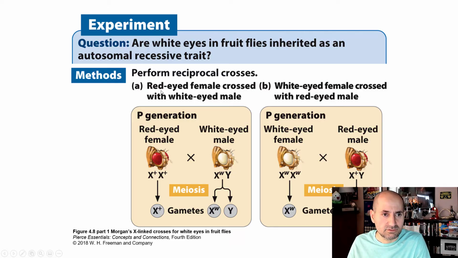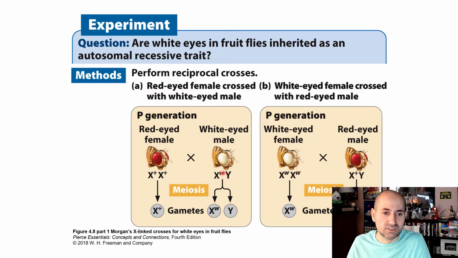So what he eventually tried was separating these out by sexes, where you had the female with the wild type. They called this X plus X plus, right? X plus meaning the X chromosome has the wild type allele and the other X chromosome has the wild type allele. So this is a true breeder wild type female, and then crossed it with a true breeder mutant male.